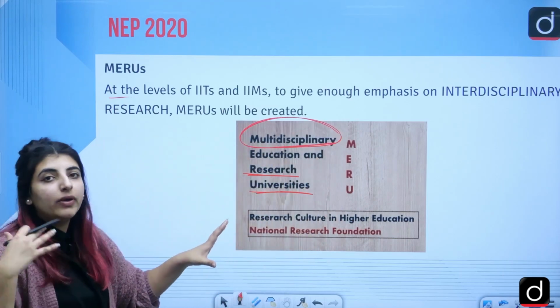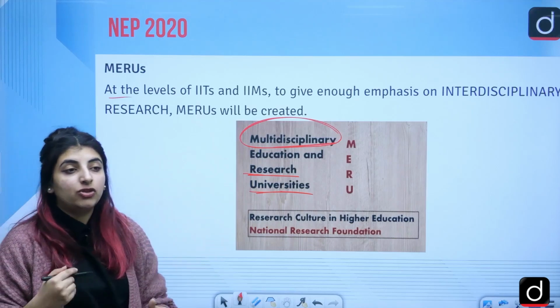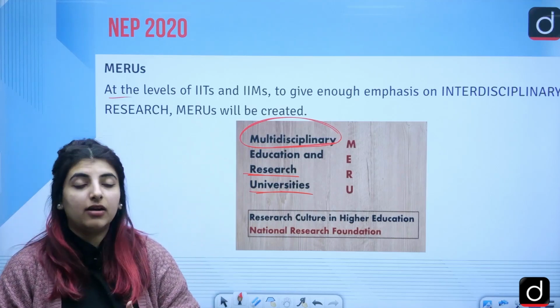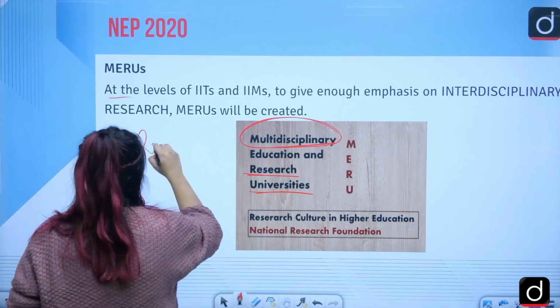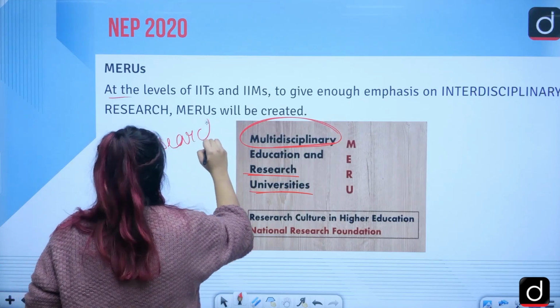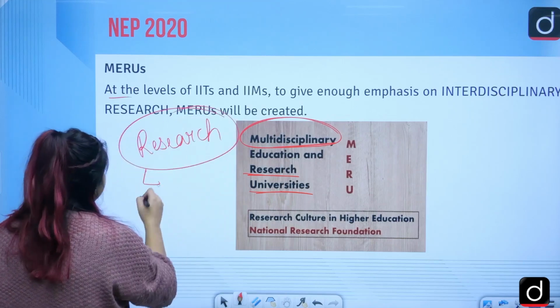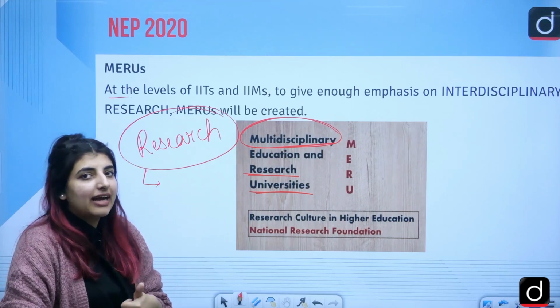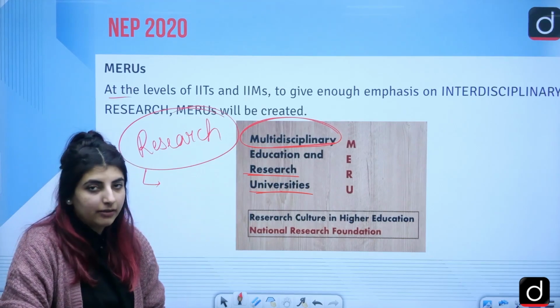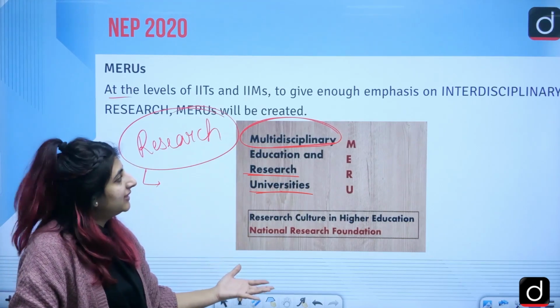So just to imbibe the research culture in students, that research is a field which is developing in itself, and people should inculcate the habit of research. If you want to write certain research papers, or pursue your PhD, etc., to inculcate that habit of bringing something new to the table, MERUs will be established, right?